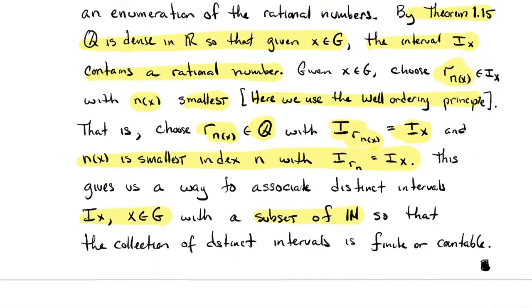So the collection of distinct intervals is countable if that function has infinitely many elements in its range, and it's finite if it only has finitely many elements in its range. So when I've written this thing as a union of I sub x's, I either do it with a countable number and they're all disjoint, or a finite number and they're all disjoint.